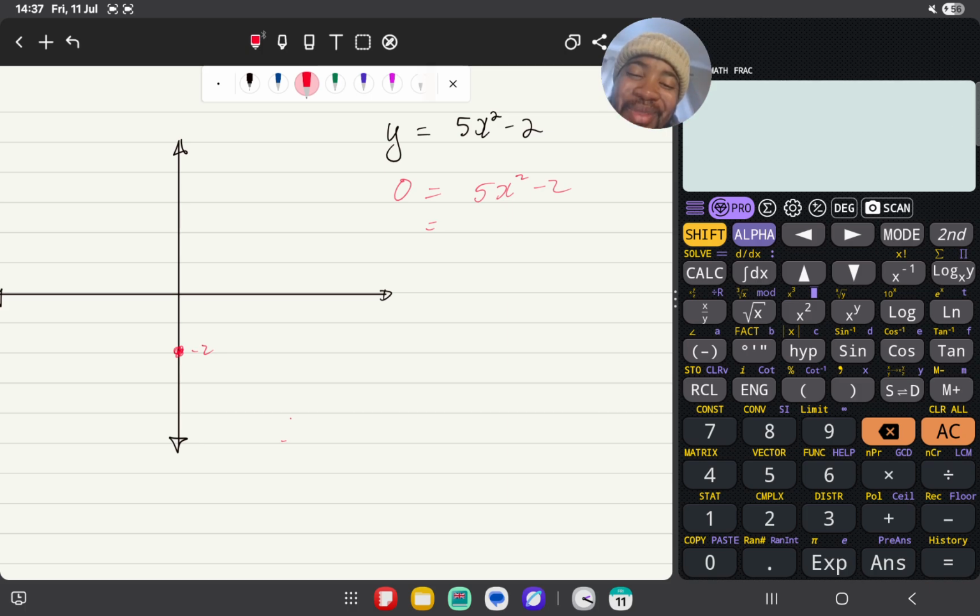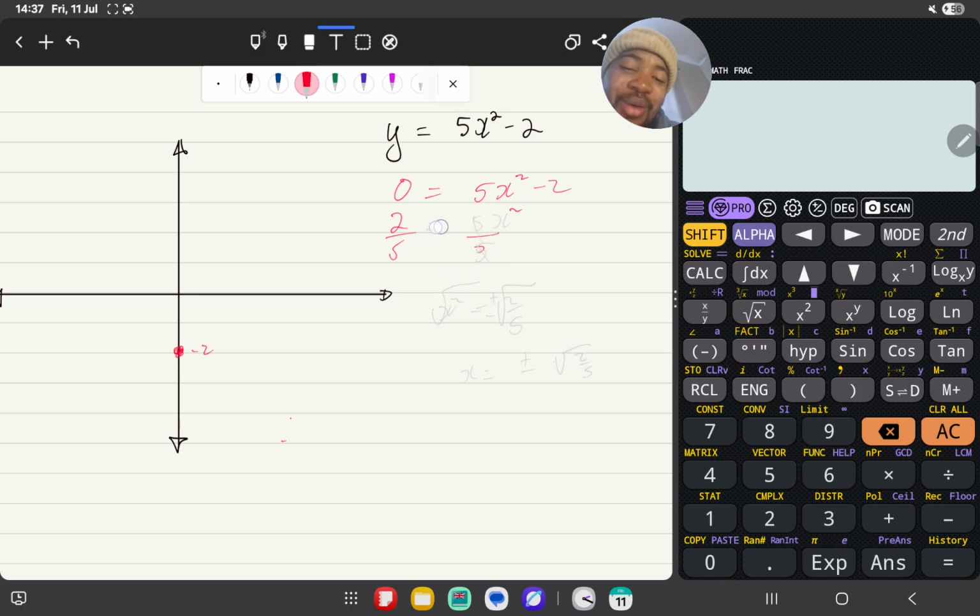One of the easiest ways is to transpose to 5x squared, and then you want x, so you divide by 5, and then you have x squared equals 2 over 5, right? And then you put the square root, the side you like, plus or minus square root of, therefore x will be plus or minus square root of 2 over 5. So that is one of the easiest ways to do it.